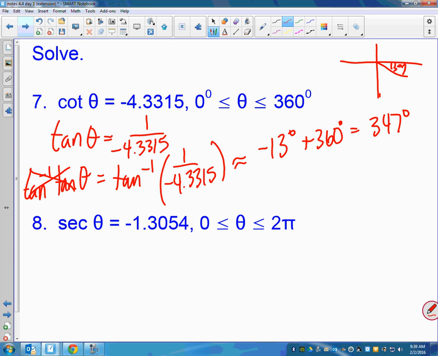That would be my reference angle. What other quadrant is tangent and cotangent negative in? Quadrant 2, because that's the only other quadrant where x and y are different signs. They're positive here, they're both negative here. So there's another answer in quadrant 2 that's going to have the same reference angle.